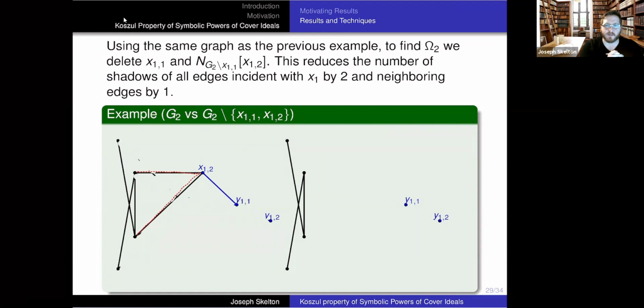So there were 2 copies of those edges, now there's 1. If I delete X12, then I delete both copies of these edges, and have effectively removed them from the graph. It's as if they were never there.